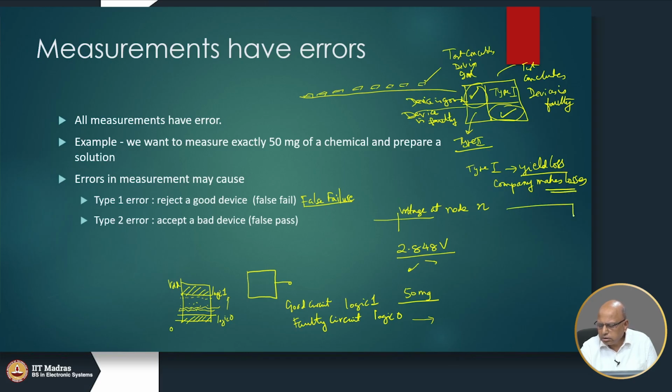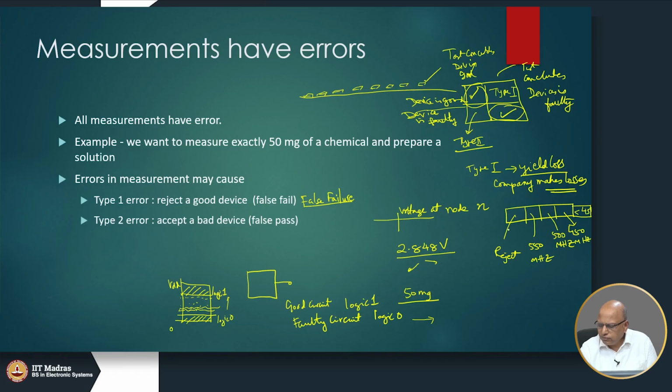Remember I told you about binning. I told you that it is not just go and no go. Sometimes we may have several bins. So, this is a reject bin, it is a bad chip. This is a bin where chips work at 550 megahertz. This is 500 megahertz and this is 450 megahertz, and maybe there is another bin where it is less than 450 megahertz.